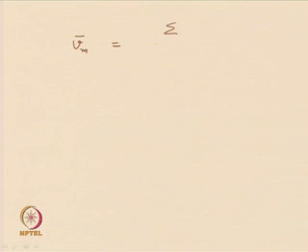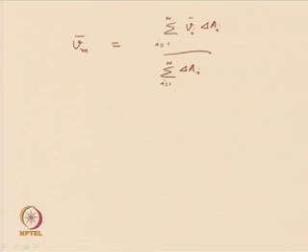This is summation of V I del A I. So, you have the method to compute the average velocity for the entire compound section. So, what is this quantity now?